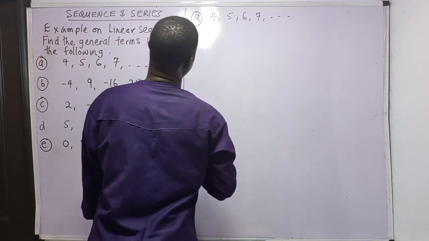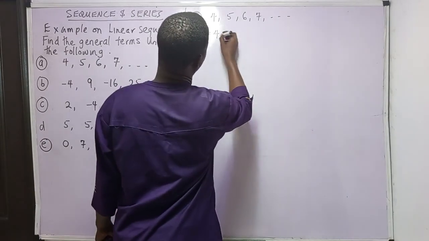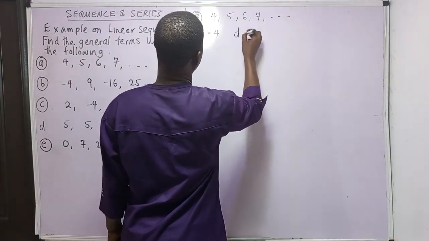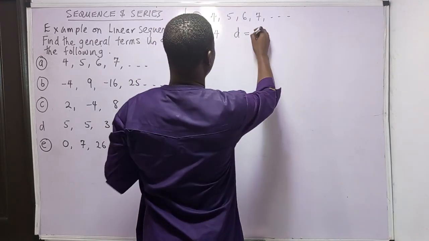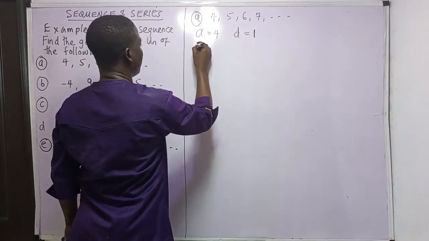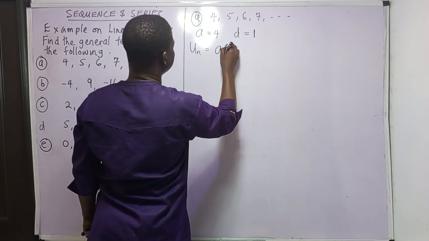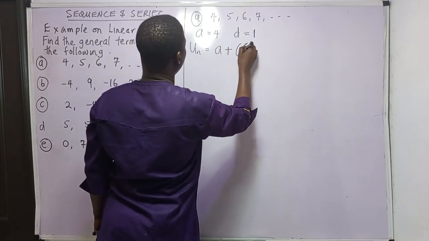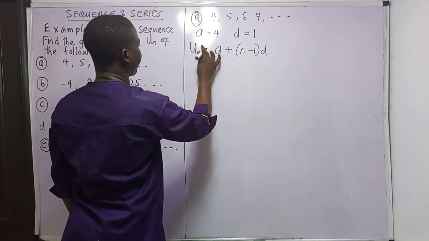Now, to find the nth term, simply a is equal to 4. Then there is a common difference here, because from 4 to 5, 5 to 6, the common difference is 1. This is a typical example of a linear sequence, so we are going to use the formula Un = a + (n - 1)d to find the nth term.